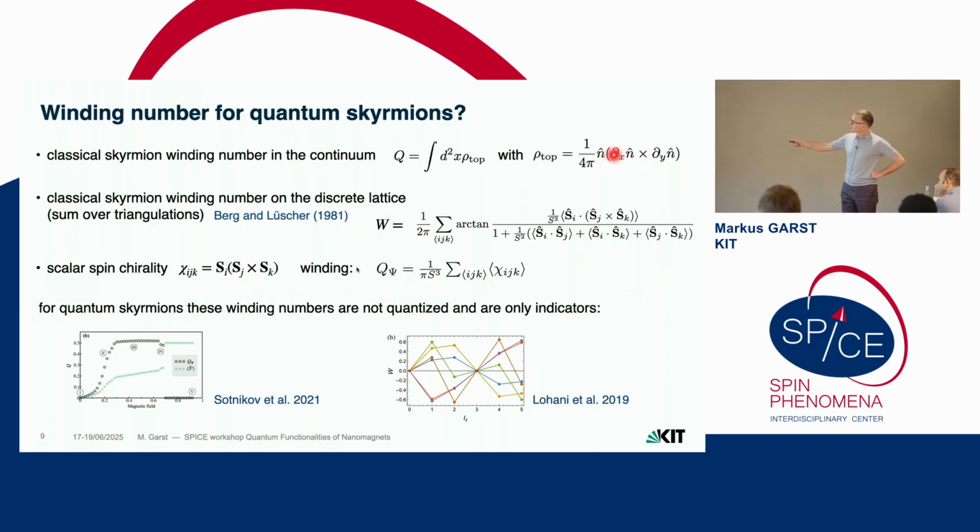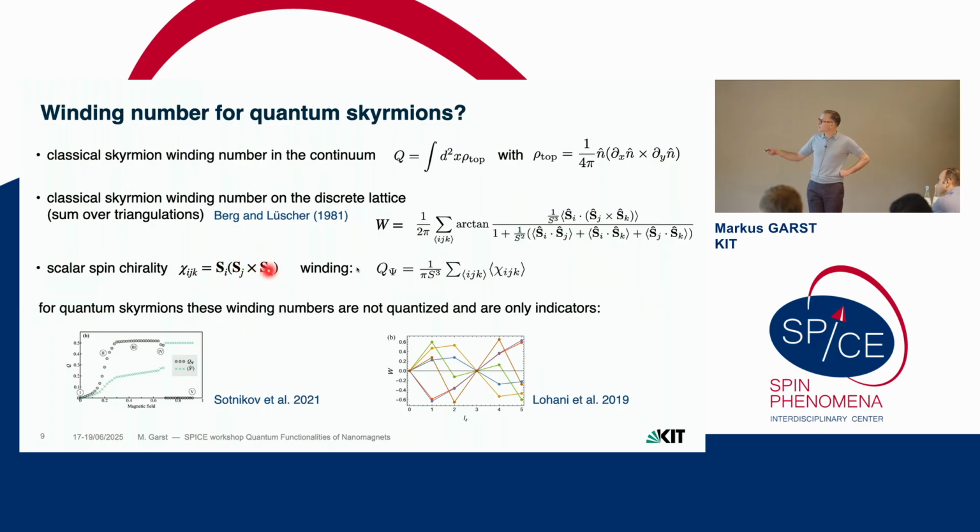If you look at that expression and go to the continuum limit, then you realize that you automatically reproduce this topological density, because in the continuum limit, if i and j are on the same site, this combination will vanish.